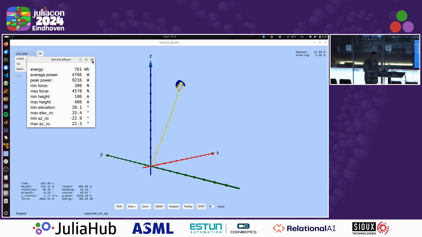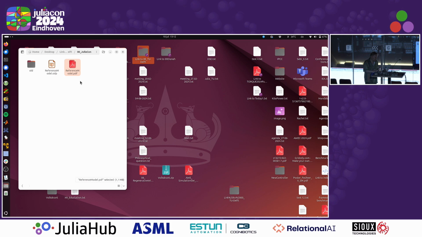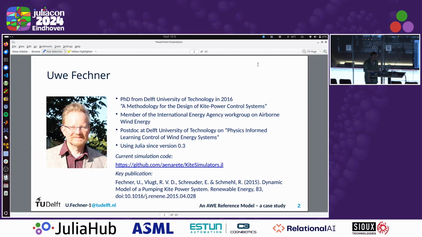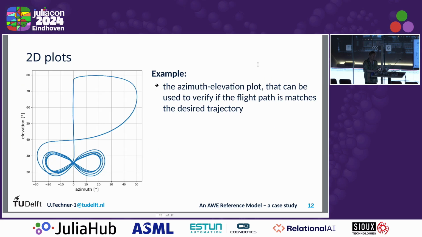So this is a nice GUI program. I continue with the presentation. Yeah, that's the azimuth elevation plot.